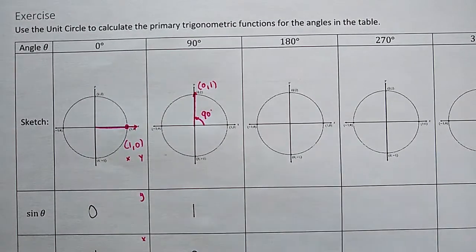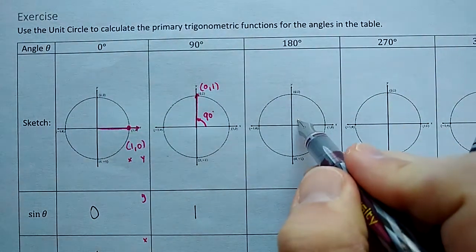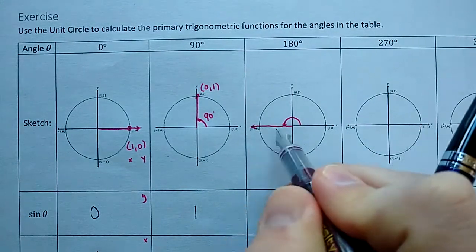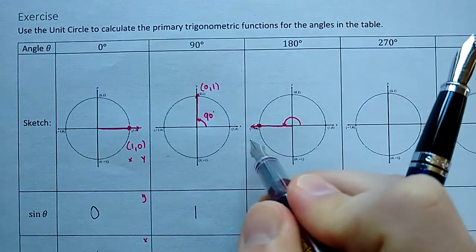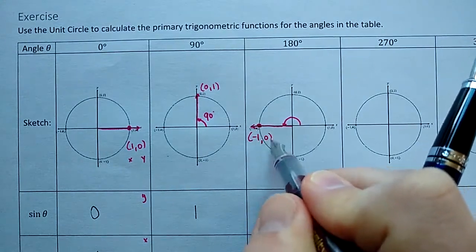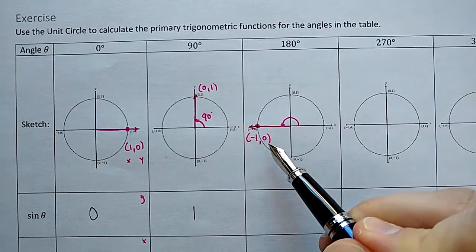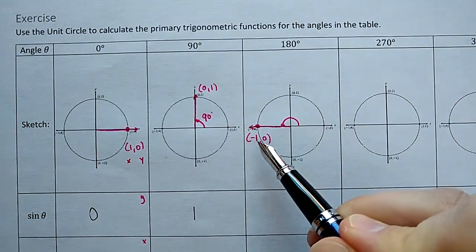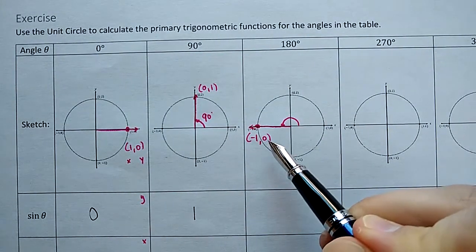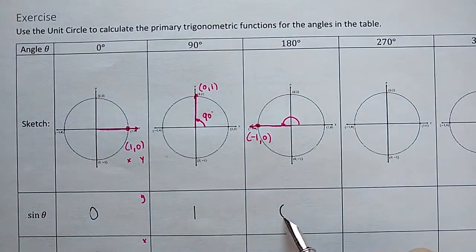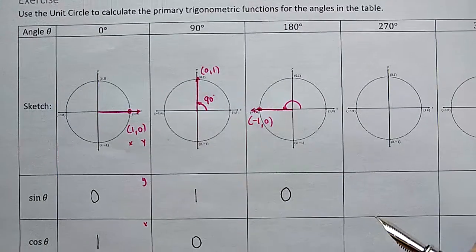Let's keep going. 180 degrees. That's halfway around the circle, starting up there. There's my terminal arm. There's the intersection point at (-1, 0). X value -1, y value 0. The y value tells us the sine. So sine of 180 degrees is 0.